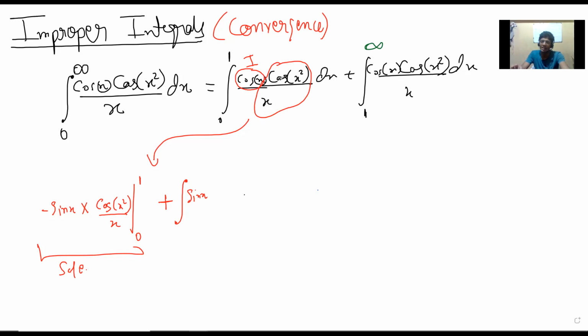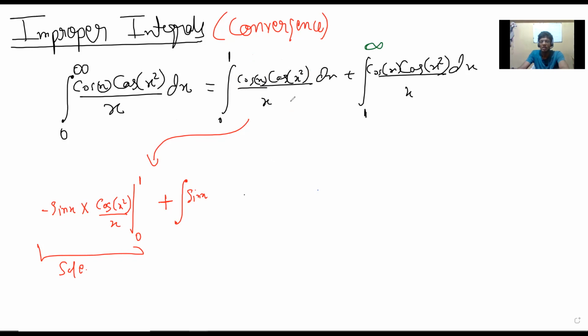Okay, fine. You can see, I'm integrating cos x, I'm getting sin x, that's simple. Again, I take the antiderivative of cos x, so you get minus sin x.